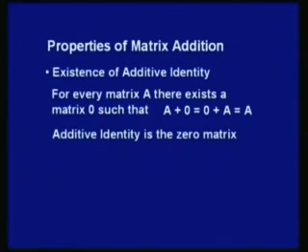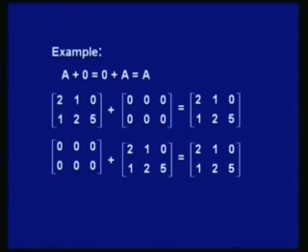So this 0 matrix is of the same order as that of the matrix A. Like if the matrix A is a 2 by 3 matrix, then a 2 by 3 null matrix of 0, 0, 0, 0, 0, 0 will give rise to 2, 1, 0, 1, 2, 5, the same as the matrix A. And this can be done in any order, like 0 plus A is also A. So this is the additive identity for this matrix A, and this is true for all matrices.